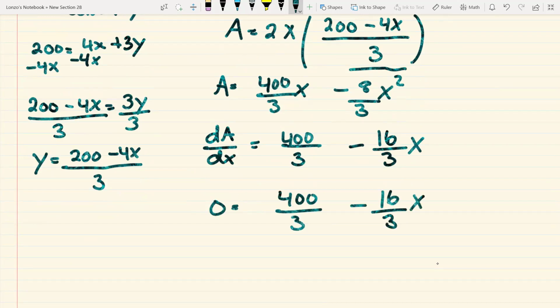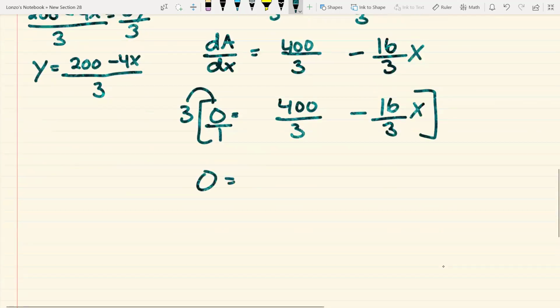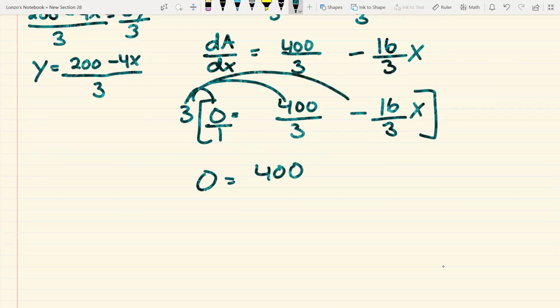I have to solve for x, so I would just get rid of the fraction first by multiplying all three sides by the LCD, which looks like it would be 3. So 3 times 0 is 0. 3 times 400 over 3, the 3's cancel, so we're left with 400. 3 times negative 16 over 3 x, the 3's cancel, so we're left with negative 16x. Go ahead and continue solving for x.